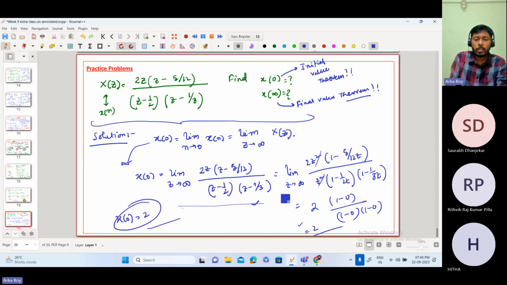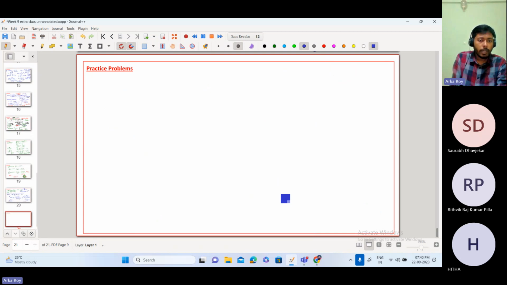Now we need to find the value of x of infinite. So to get the x of infinite value, it will be limit z tending to 1 of z minus 1 times x of z. These two formulas are very important.